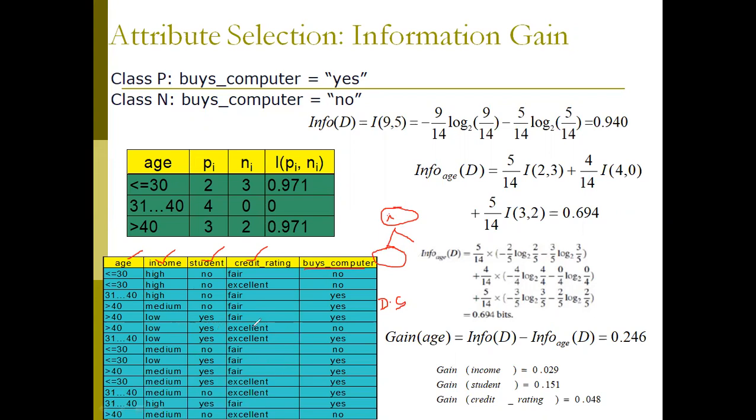This kind of process is called attribute selection. This total data set is a training data set. Why? Because the buys computer class has complete class labels. So this is called a training data set, and it is represented by D. Clear?